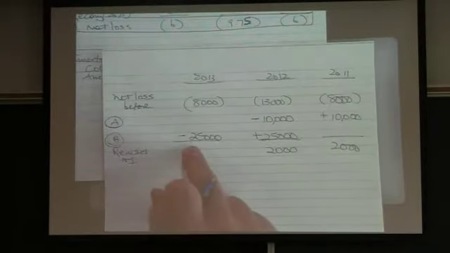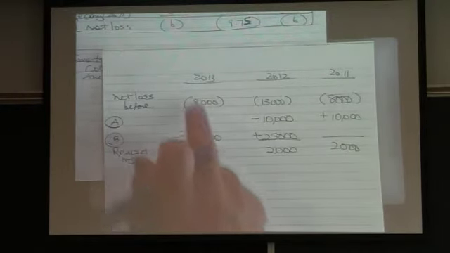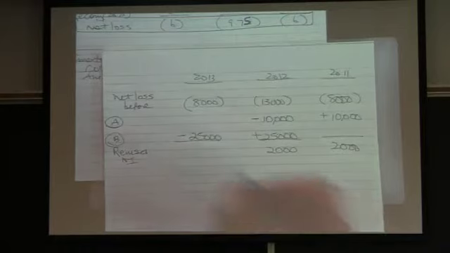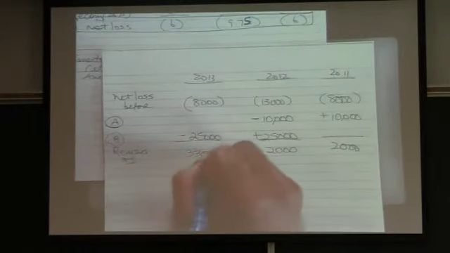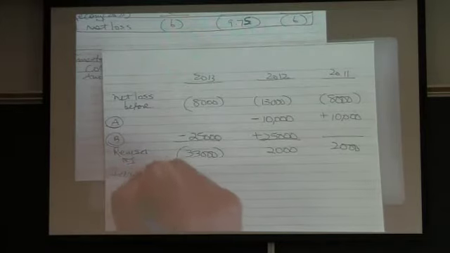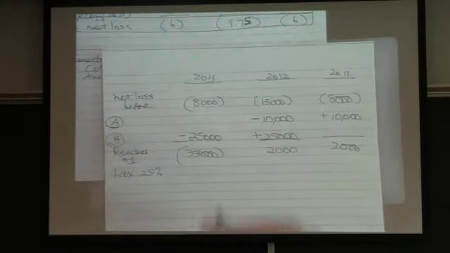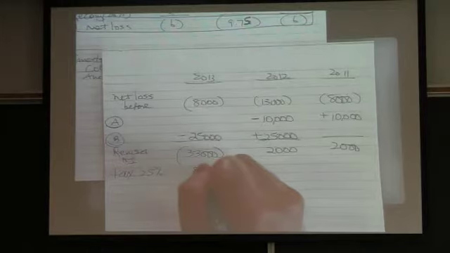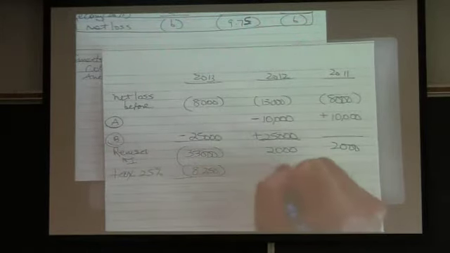And this one is 25 minus an 8 is 33,000 loss. We're going to calculate the tax at 25%. This is 8,250, 500.